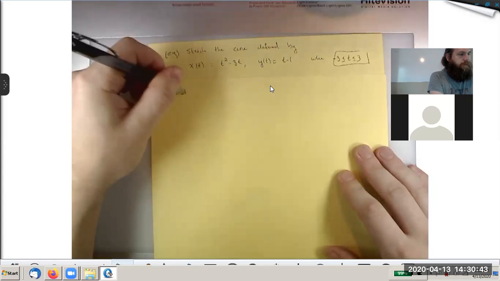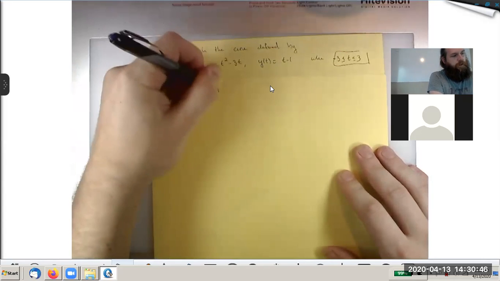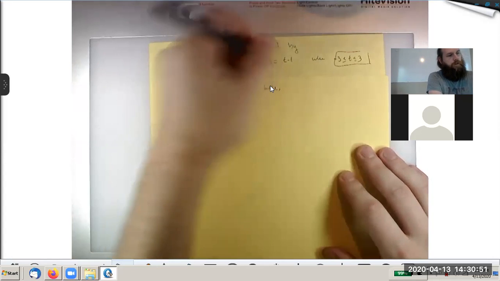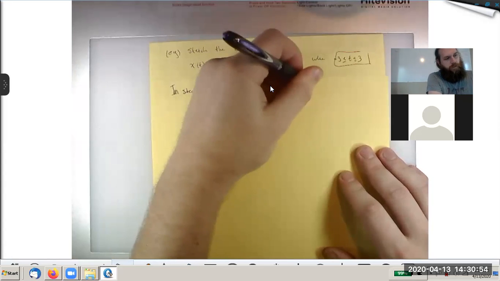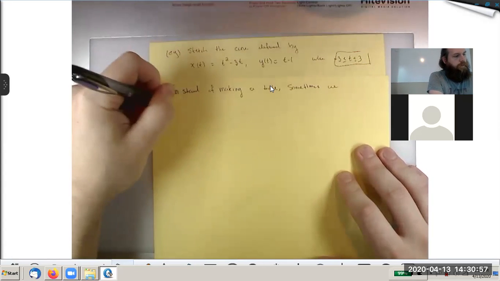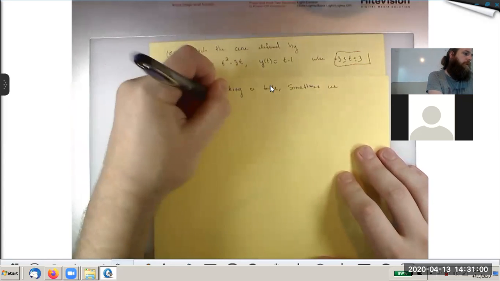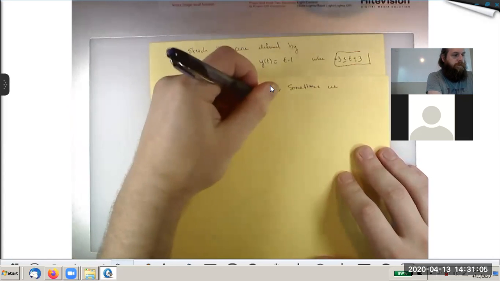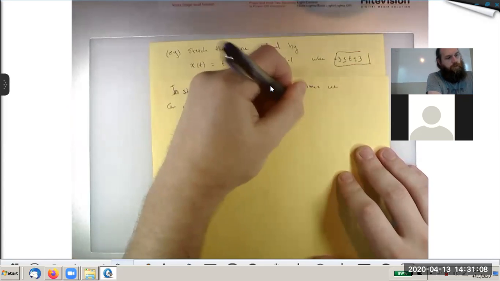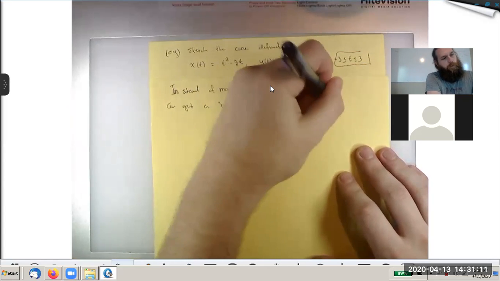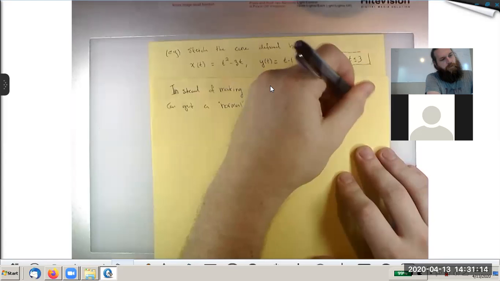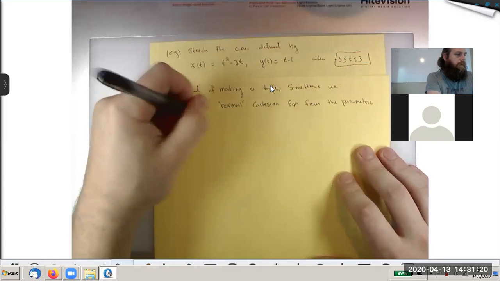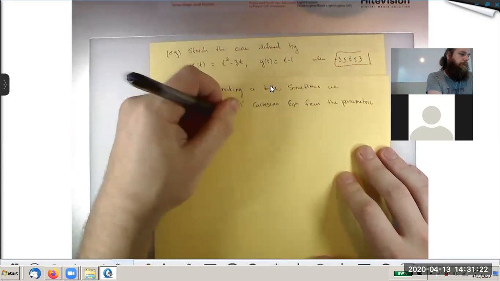Instead of making a table, sometimes we can get a normal Cartesian equation from the parametric ones by doing what's called eliminating the parameter.